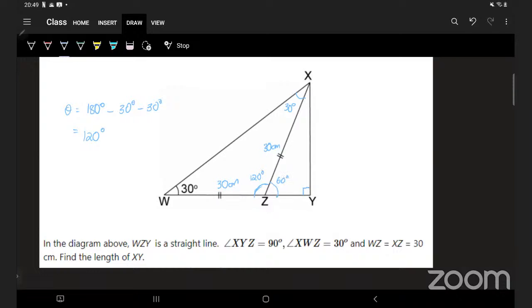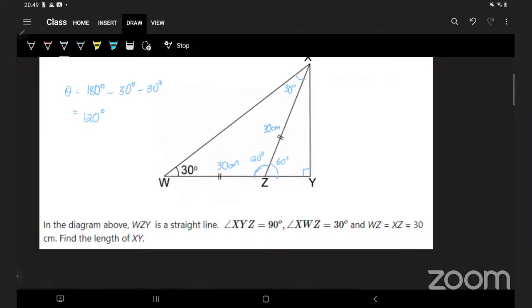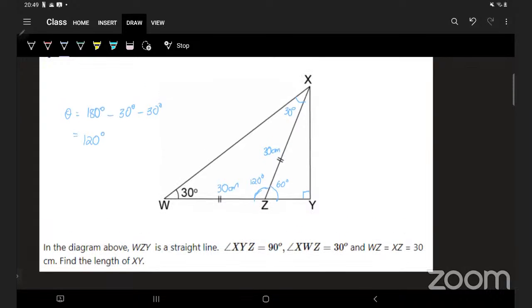And now through this, you can find the length of XY. I want to find XY here, and I know the hypotenuse is 30, so I want something related to the hypotenuse. This angle here will be the opposite. So what trigonometric function can we use to find the opposite and the hypotenuse? Yes, we use sine.